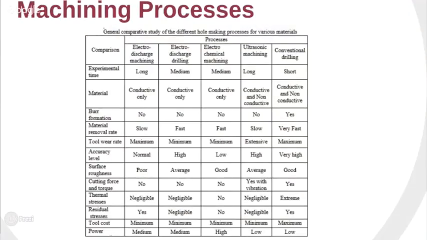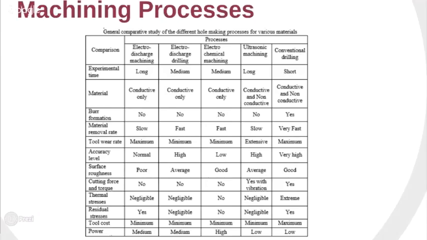Then material removal rate is very high, tool wear is maximum, then the accuracy level attained with the help of conventional machining is very large as compared to the other machining processes. Surface roughness is again very good as compared to all the processes.